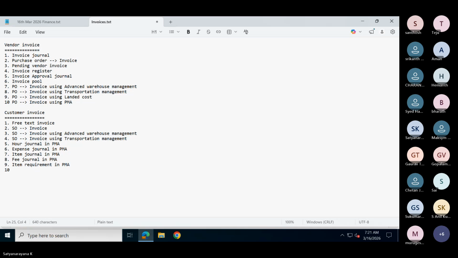Next, sales order to invoice in PMA. These are the different ways to generate customer invoice.